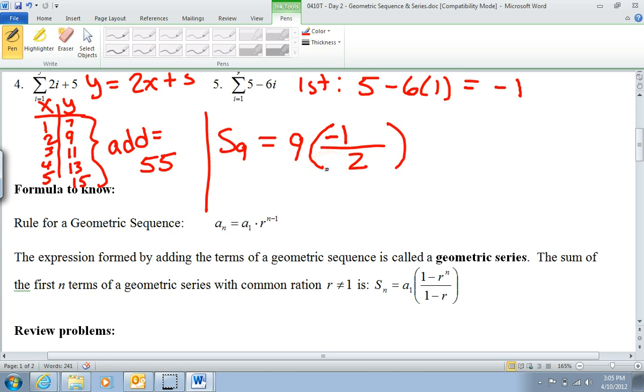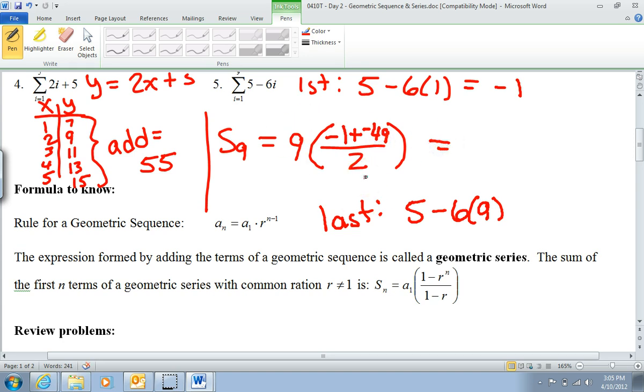You cool? Now, if I want the last term, it is the 9th term in this particular case. Well, if I want the 9th term, I will just plug in a 9. So for my last term, that's going to be 5 minus 6 times 9. I heard that was -49. So plus -49.